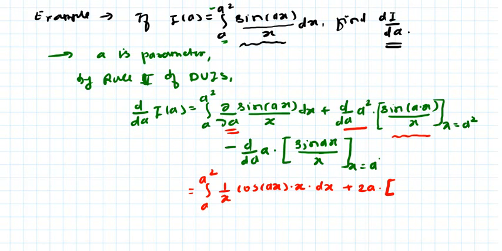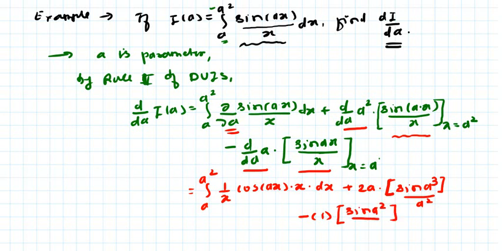So this will become sine of a cube, minus, in this term d by da of a, the derivative of a with respect to a is 1, and in this term sine of ax upon x, replace x by a, so this will be sine of a square upon a.